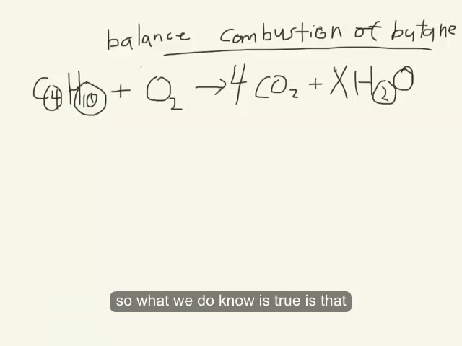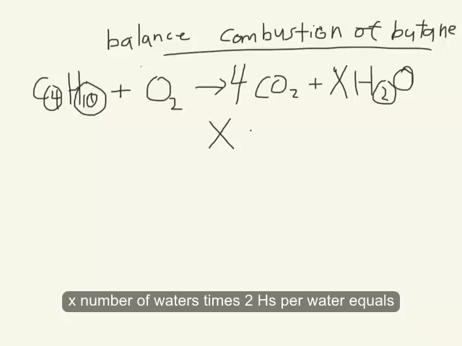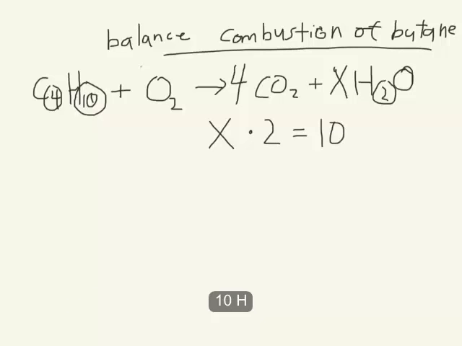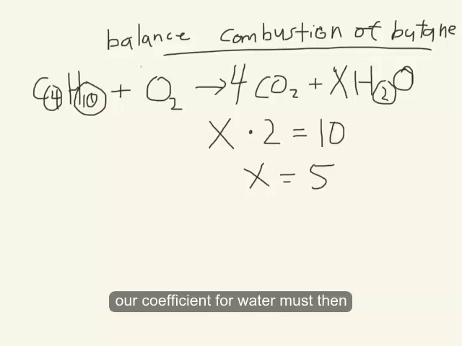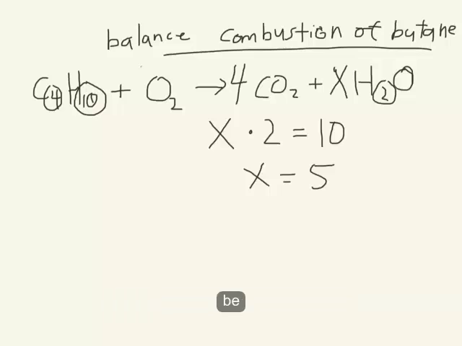So what we do know is true is that x number of waters times 2 hydrogens per water equals 10 hydrogens. So our coefficient for water must then be 5.